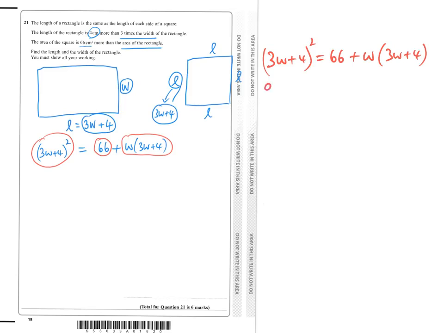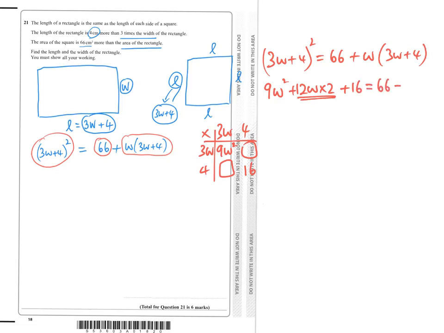To square this out, we'll have 9w squared plus 12w times 2, because we've got the bits in between, and I did that purposefully to make people aware that you've got to not just have this one and this one, but you've got to have 12w and another 12w, plus the 16, and that's equal to 66 plus 3w squared plus 4w, which is just this multiplied out.